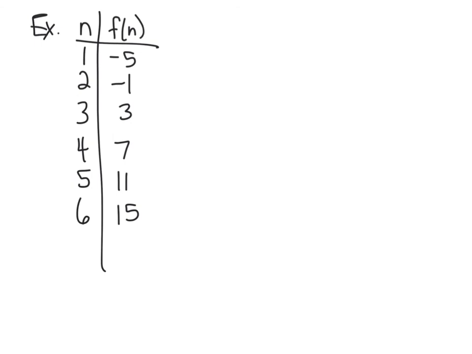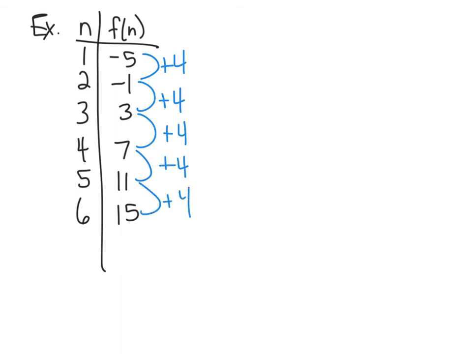Alrighty, so we're looking in the y column, and we need to look at what's happening each time. Well, I noticed that there's plus 4 there, plus 4 there, plus 4 there, so I definitely have a linear situation here. Plus 4 there, so it is arithmetic, not geometric. So all I have to do, literally, is write, what is my a sub 1 term? Negative 5. Put my semicolon.